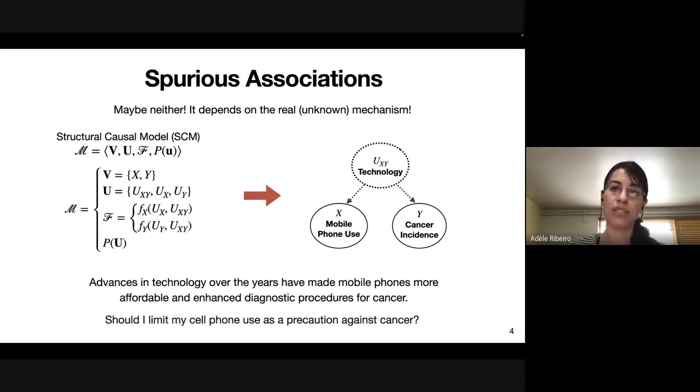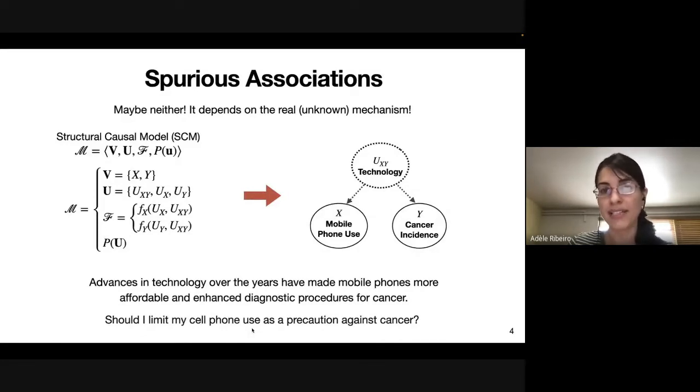Based on this observational data, or these observations that we are making in the wild, how can we answer this type of question? Should I limit my cell phone use as a precaution against cancer? This is a decision-making question.